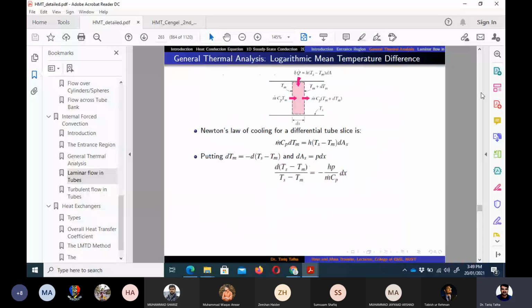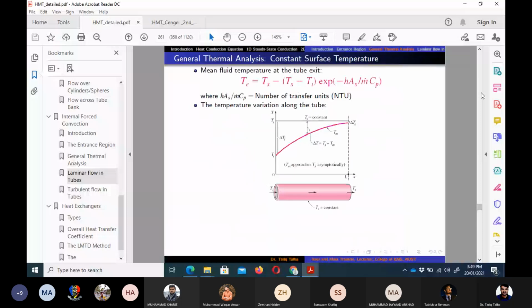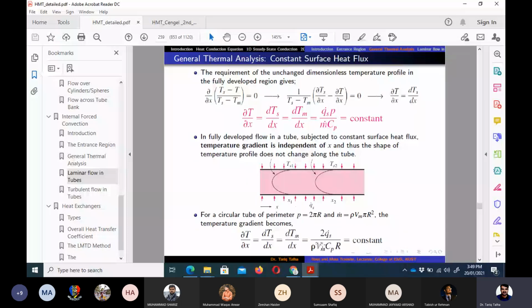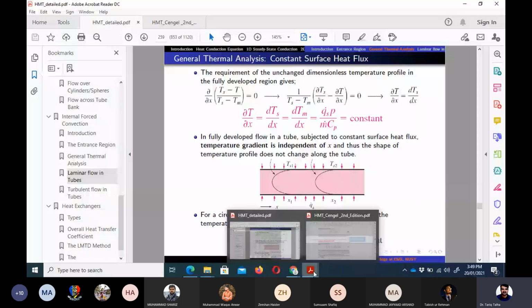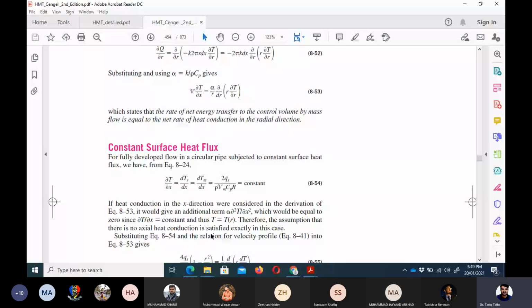Yes, 2 q dot s over rho Vm cp into R. If you look at the book, they have shown the same thing. So in 8-53, we can replace partial T by partial x with this 2 q dot s divided by rho Vm cp into R. And then what else we can do here?